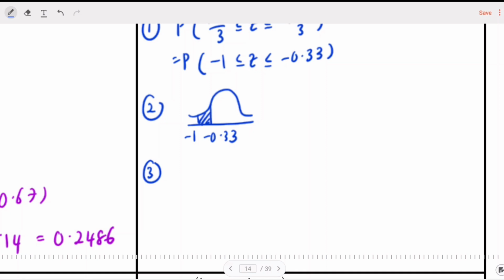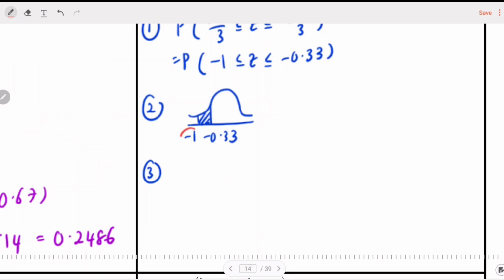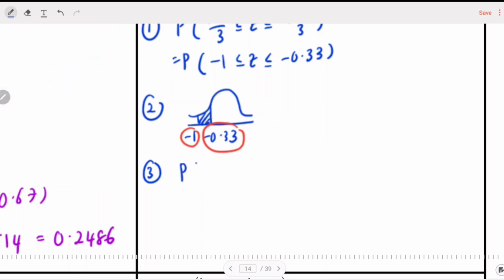So we just take one of the values minus the other value. It's going to be the probability for z greater than 0.33. We don't need to put the negative one. And then minus the probability for z greater than 1.